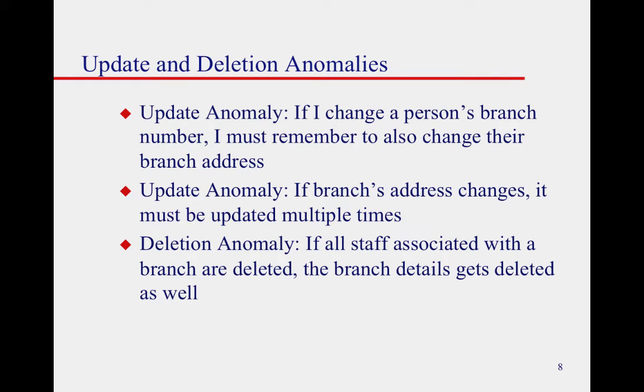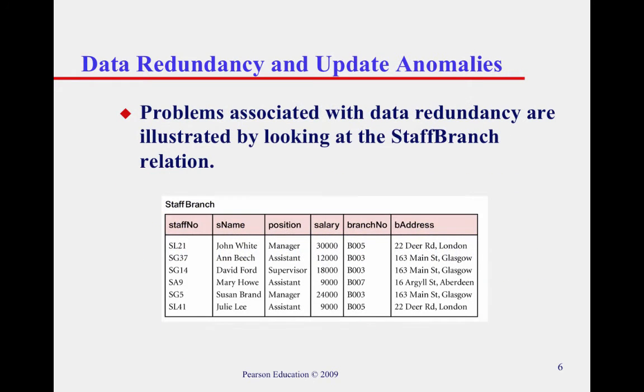Okay, we already went over an update anomaly. There's also what's called a delete anomaly. So let's say that I were to delete all the staff. Well, let's say I delete Mary Howe from the database.